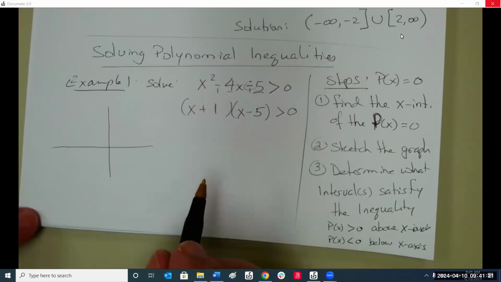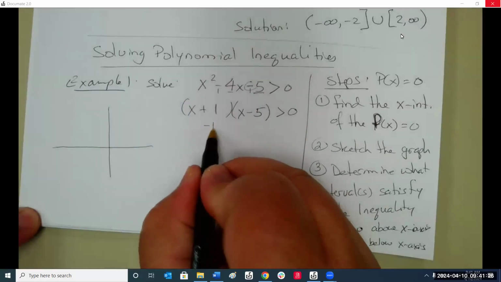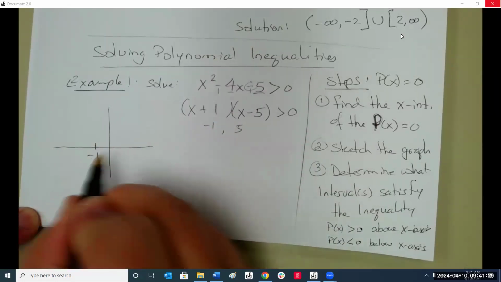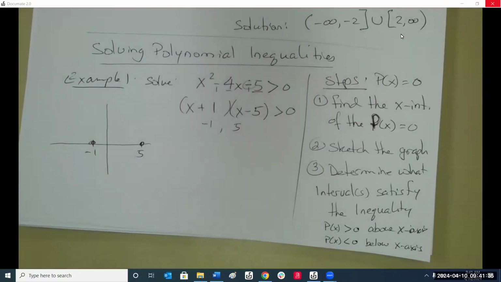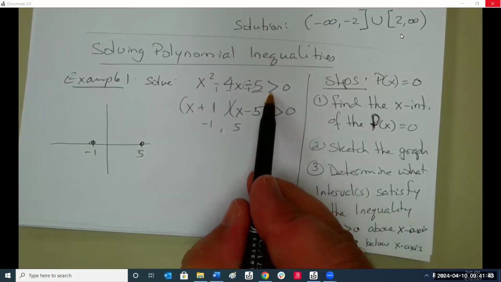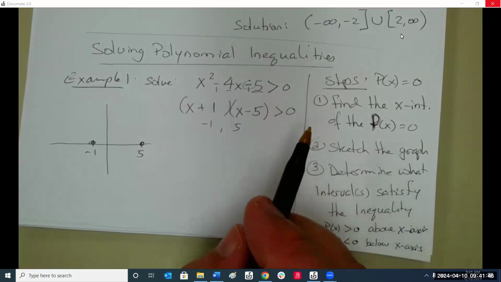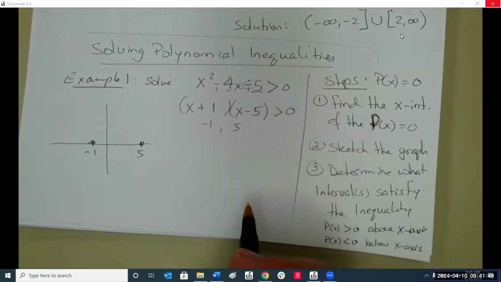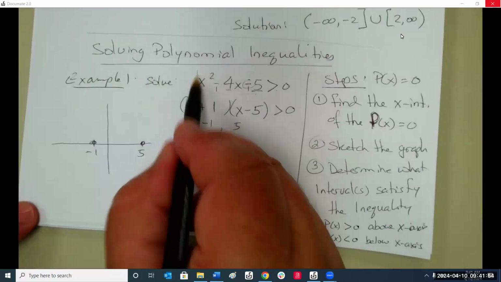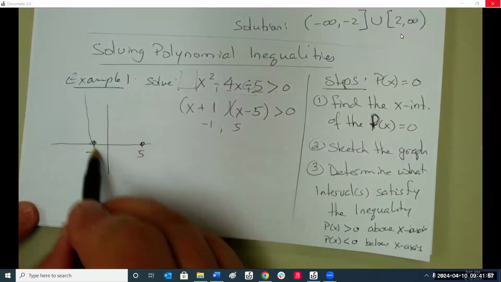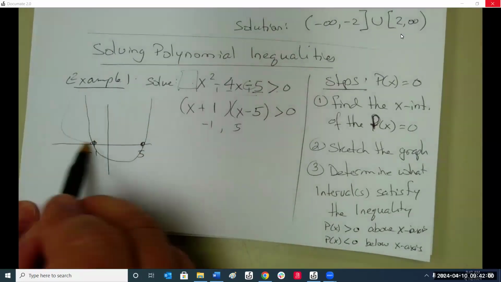So where are my x-intercepts? Yeah, -1 and +5. Those are my x-intercepts. Can I use those in my answer? No. Why? Because it's strictly greater than. Do I want the part of the graph above or below the x-axis? I want this part above 0. Since it's +1, we know it opens up, so we're only interested in this part.